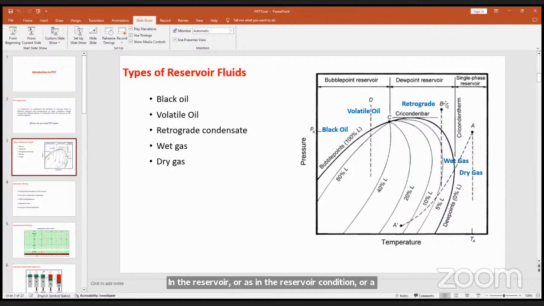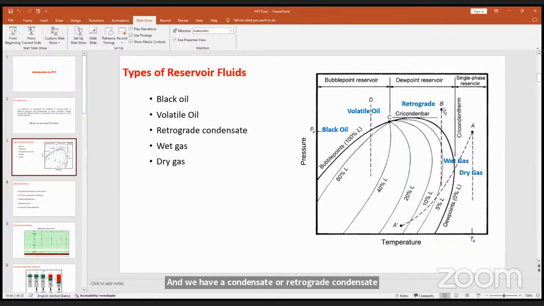We have wet gas, which are basically reservoirs that don't have gas condensate in the reservoir, but might have some condensate at the surface conditions. Like this A dash here represents the surface conditions. And we have condensate or retrograde condensate reservoirs.